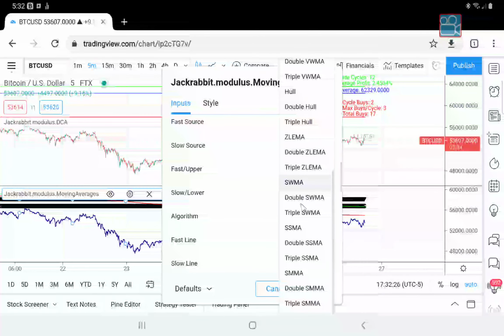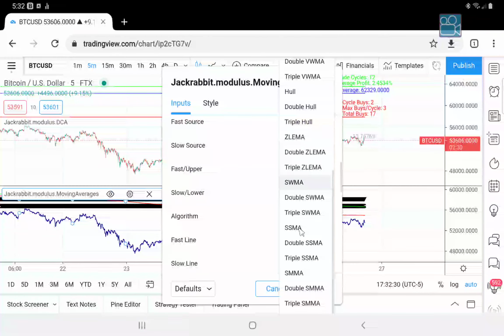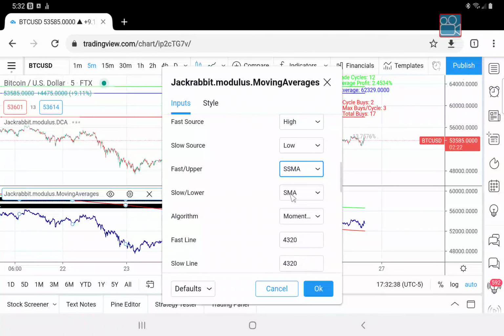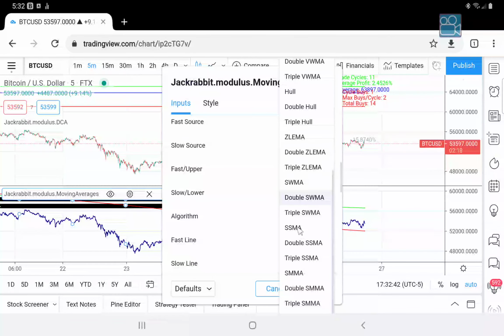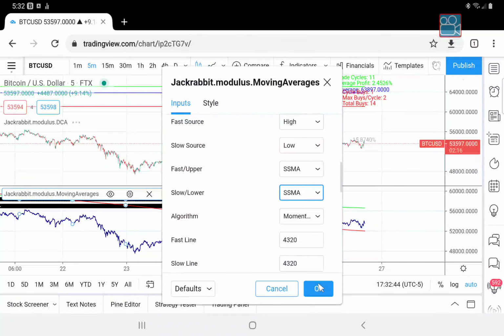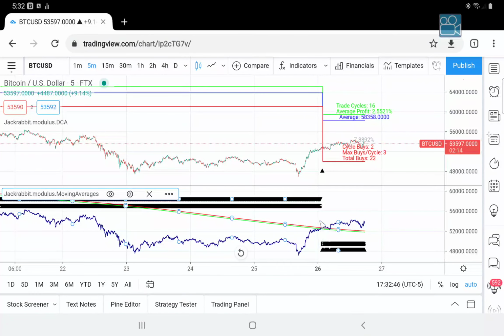Most of the time when I use momentum, I prefer either SSMA or SMMA as my momentum driver. And I prefer both channels. Your moving average has a lot of functionality that you need to be aware of and calculate in as part of your trading cycles.